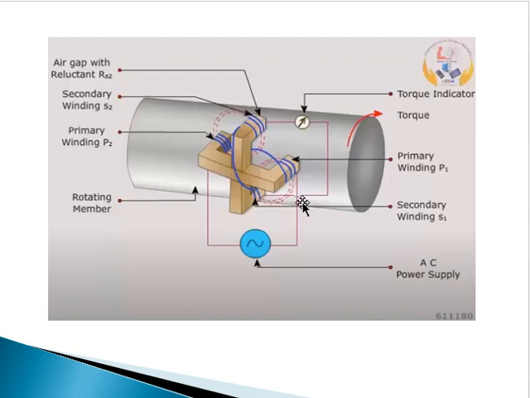Initially, when there is no motion or torque, these two voltages cancel each other and we get zero voltage. But now the shaft is subjected to torque, so the induced voltages will be different, and that sum is proportional to the torque.